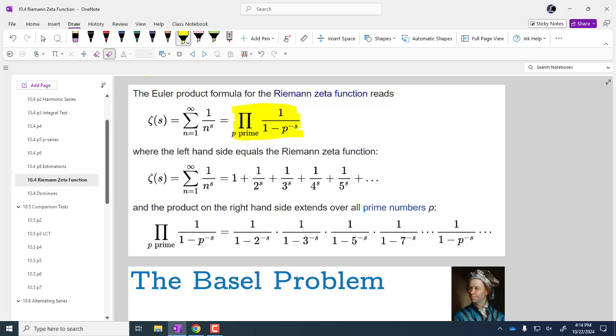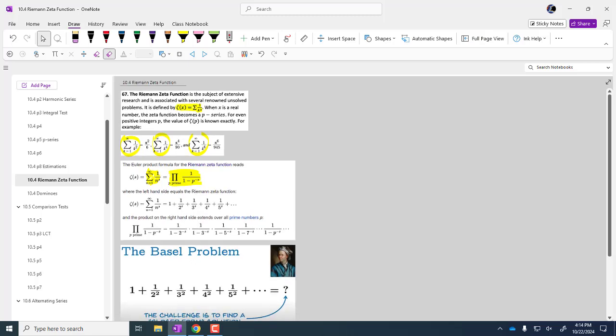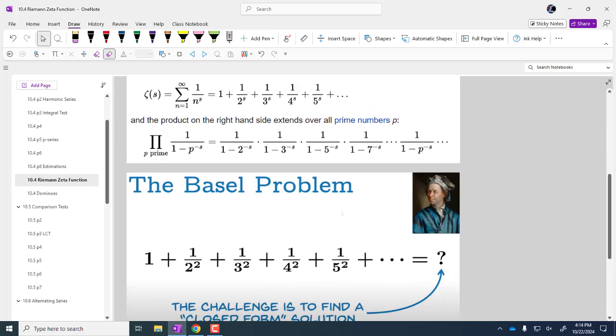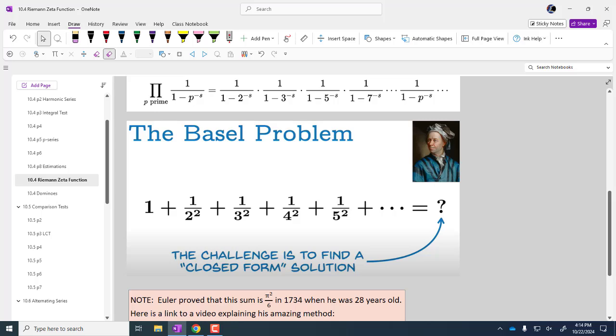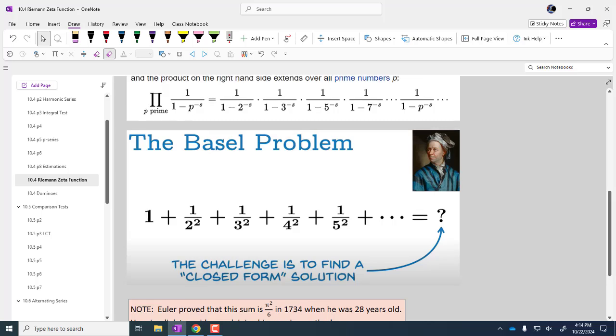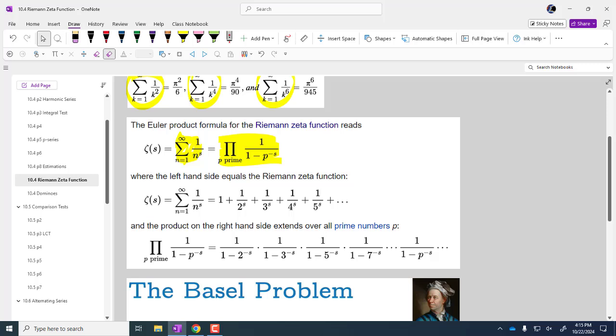And when you look at that function right there, the last thing anyone would think of is a prime number. If you're adding all of these things together, no one's thinking about a prime number. But you can prove that this infinite sum turns into an infinite product where you only consider the primes.